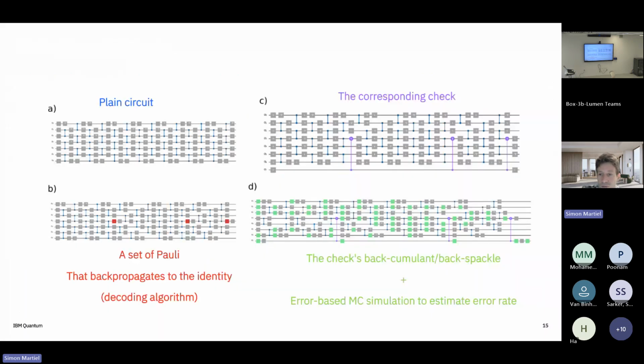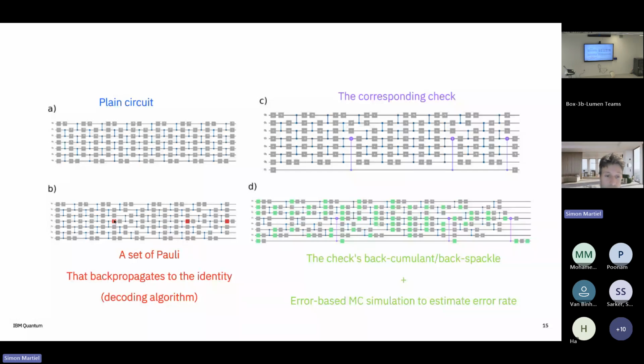So to summarize how it works, we start with a plain circuit. We isolate some wire. So here I picked the middle qubit here. Given the qubit wire, we can look at all the possible positions where we could insert Paulis, and use the decoding algorithm to find a valid check that consists of the least possible number of Pauli gates.